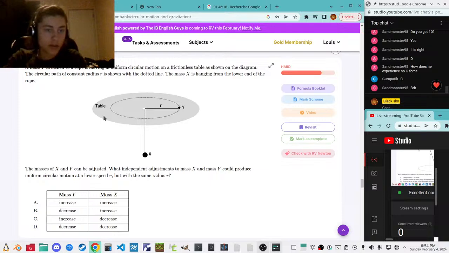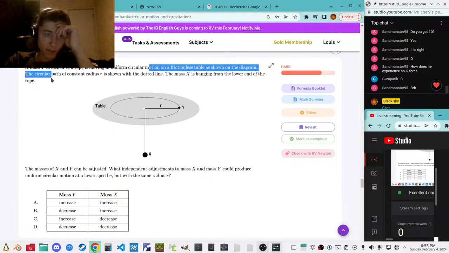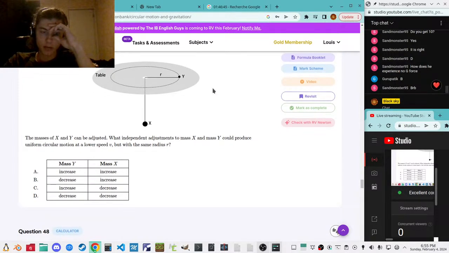A mass Y attached to a rope is moving in uniform circular motion on a frictionless table as shown on the diagram. Circular path of constant radius r is shown with the dotted line. The mass X is hanging from the lower end of the rope. Masses X and Y can be adjusted.